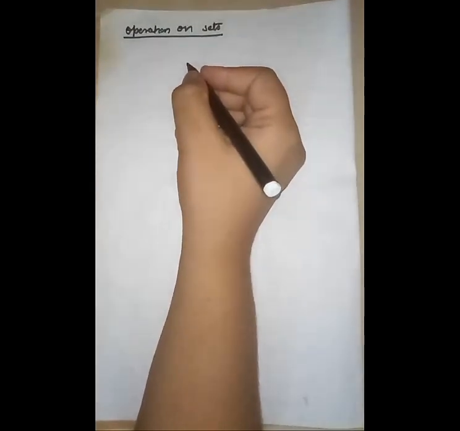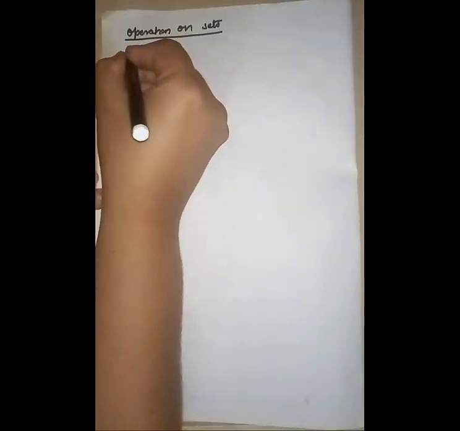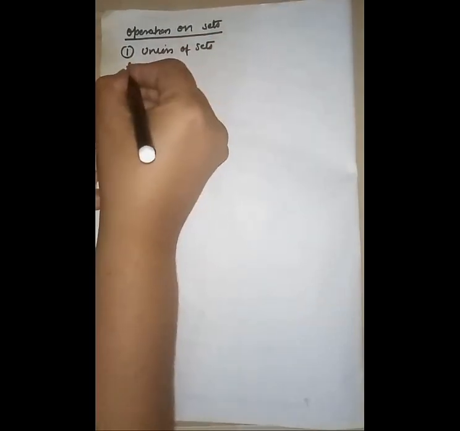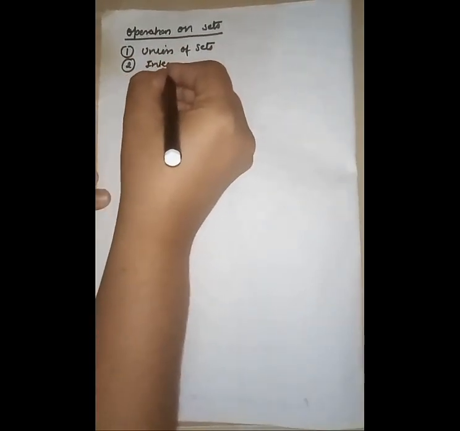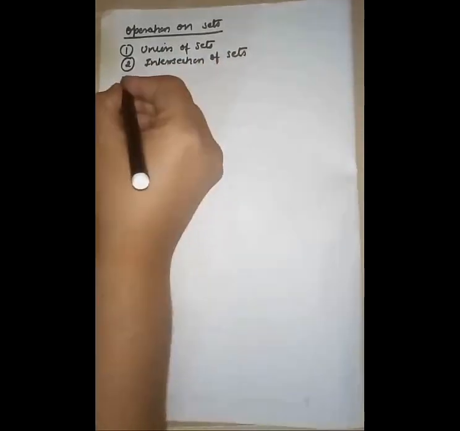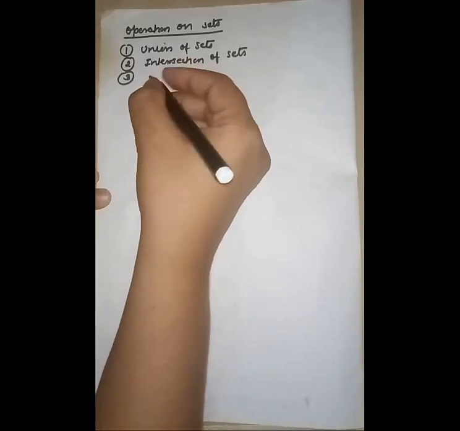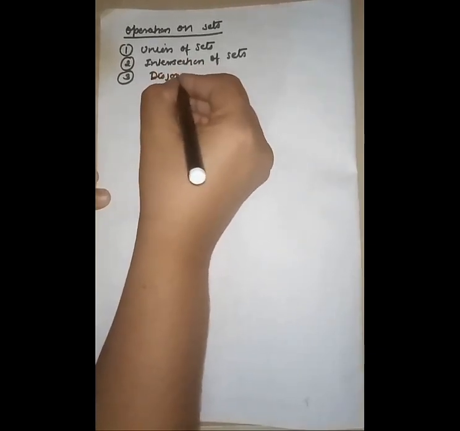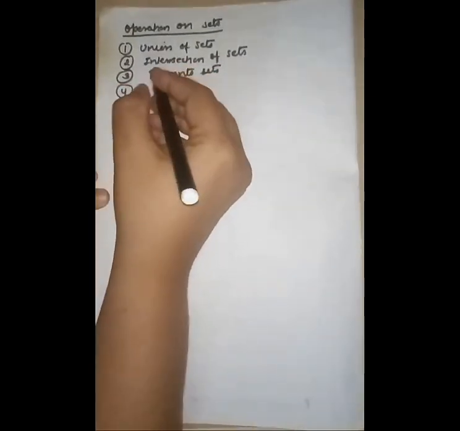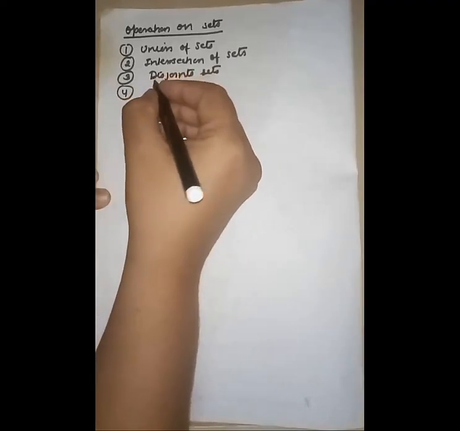Operations on sets. Firstly, listed below are all the operations. First one is union of sets. Second one, intersection of sets. Third one, disjoint sets. Fourth one, difference of two sets.